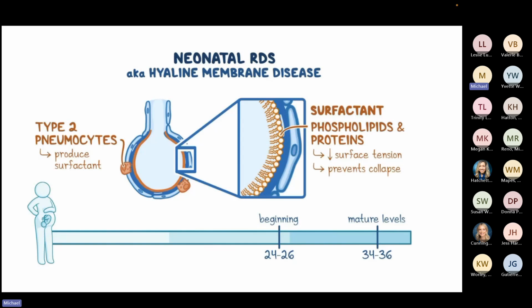They create a tubular myelin mesh that holds those phospholipids together, creating the environment for the reduction of surface tension by expelling water from that phospholipid bilayer, which allows those alveoli to open and close more efficiently.